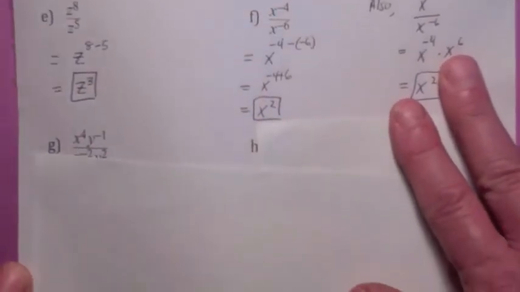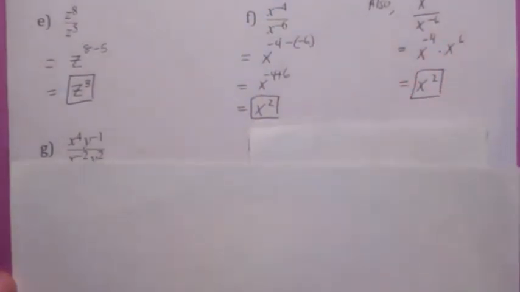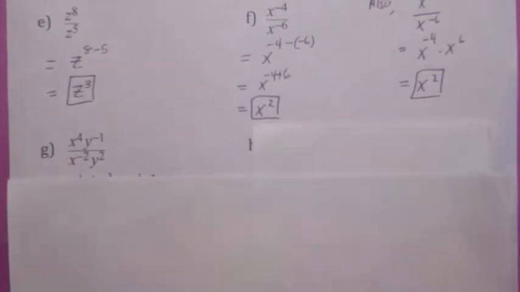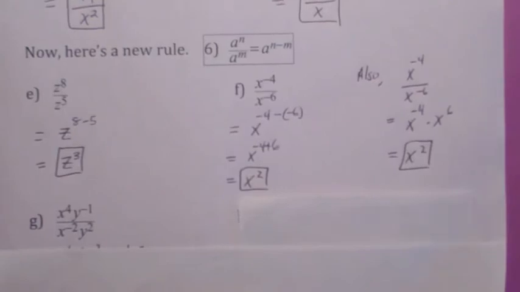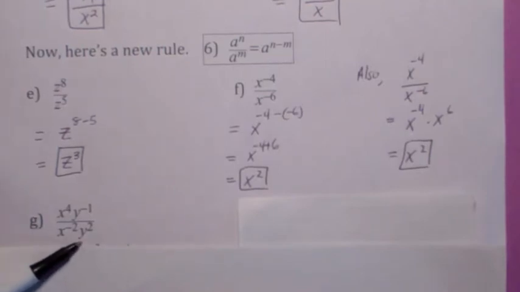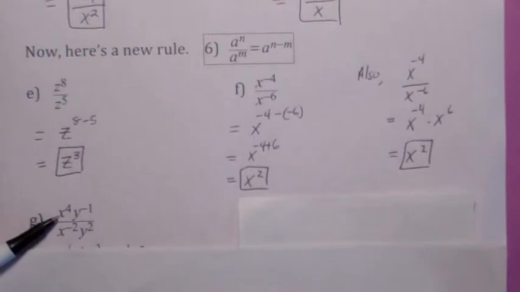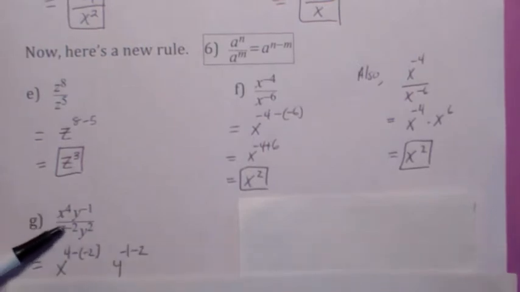Some of these get more involved, but if you know what to do, they're not that hard, are they? Look at this one. Using this new rule we just talked about, rule 6, you have x to the 4th, y to the negative 1 over x to the negative 2, y to the 2. You could treat each of these separately. Since everything's being multiplied and divided, you could subtract the exponents on the x and get x to the 4 minus negative 2.